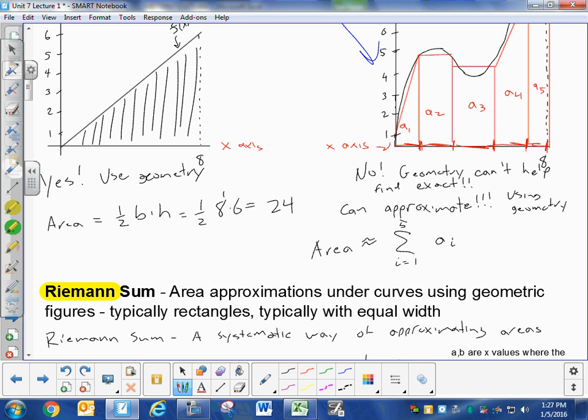Same shape every time, typically, and in this situation, always the same width. Okay? And that's the first thing. Step one for these Riemann sums is this width. Here, all these widths are different. But Riemann says, make it easy on yourself and make all the widths the same.